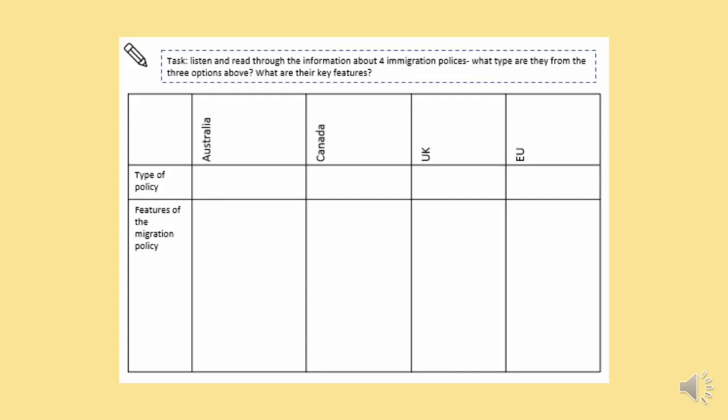The first thing you need to do, once you've listened, is decide which one they are. Are they an open door, a quota, or a skills test? And then you need the key features: specific facts, specific information that you can include in an exam answer.